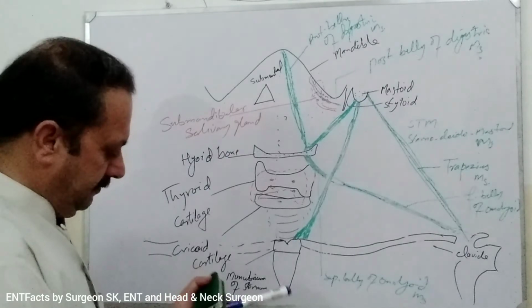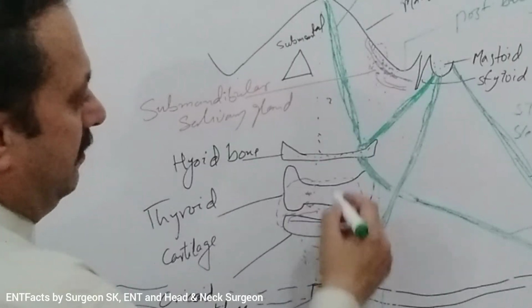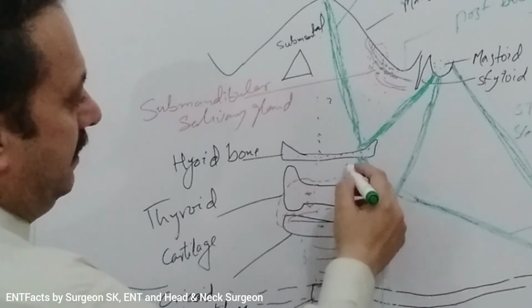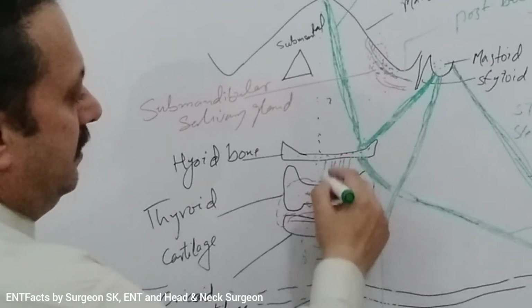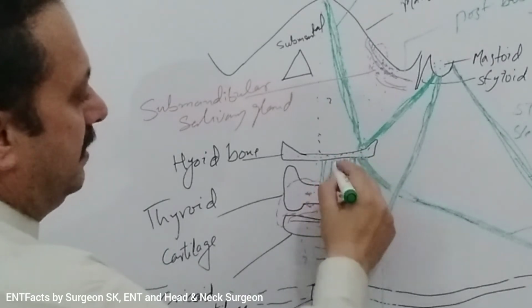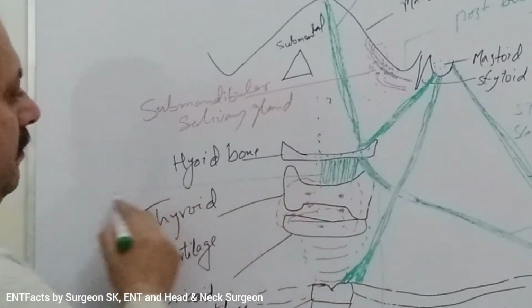Now the different muscles which lie here, the thyrohyoid muscle. This muscle joins from the superior border of the thyroid cartilage to the inferior border of the hyoid bone. This is called the thyrohyoid muscle.